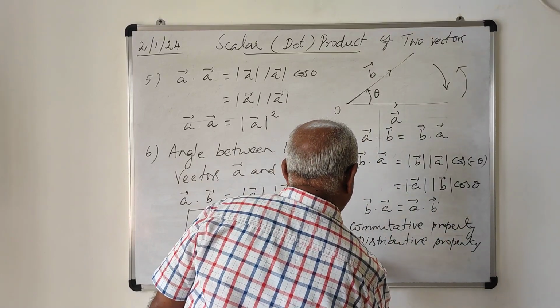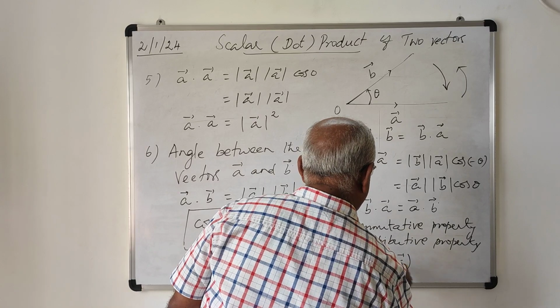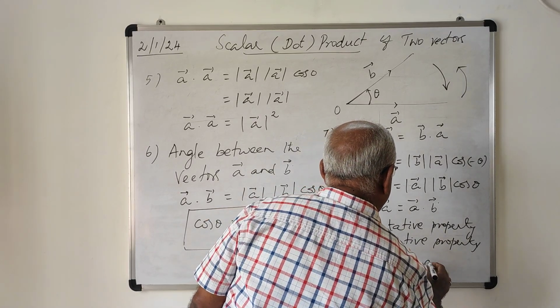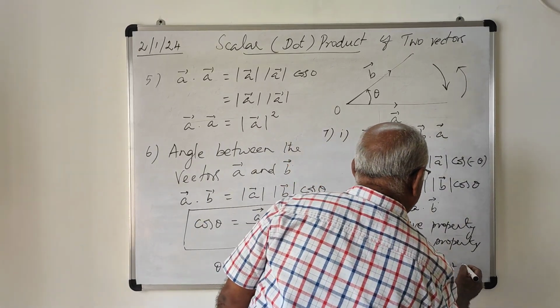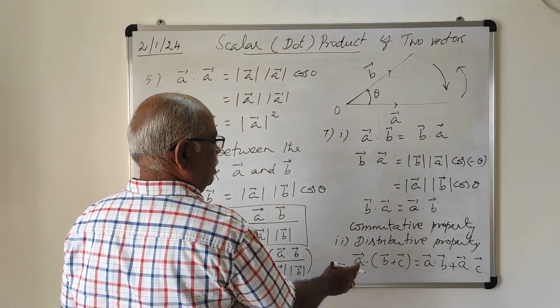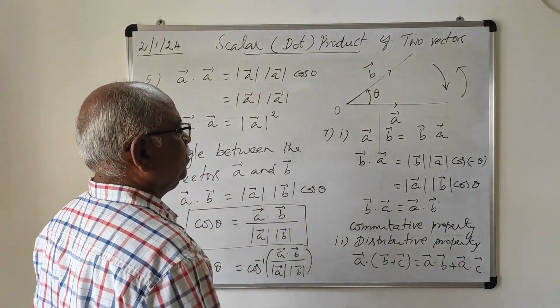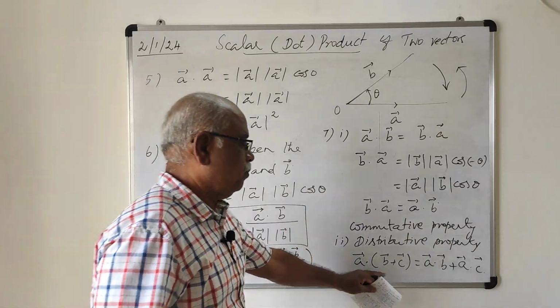It is A dot B plus C equal to A dot B plus A dot C. Like that it is distributed. This is called distributive property: A dot B plus C equal to A dot B plus A dot C.